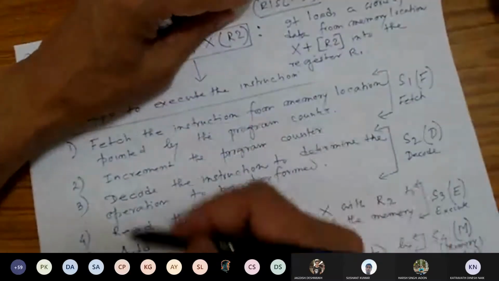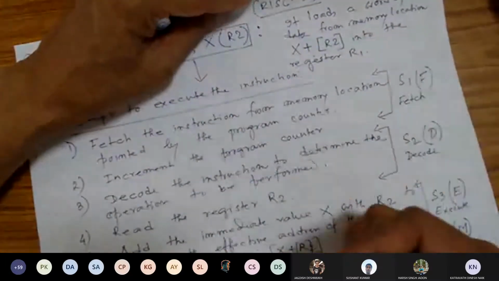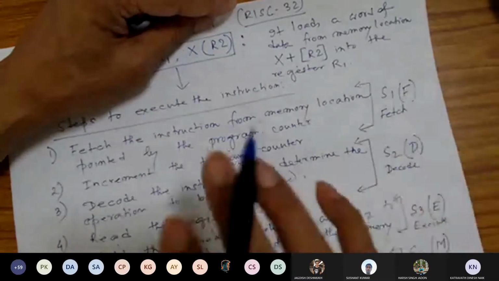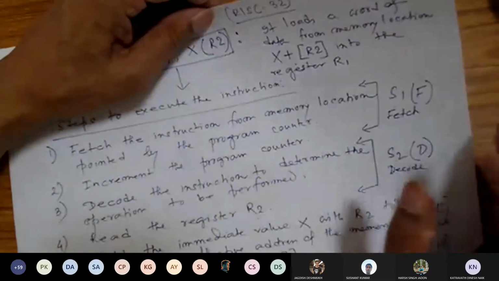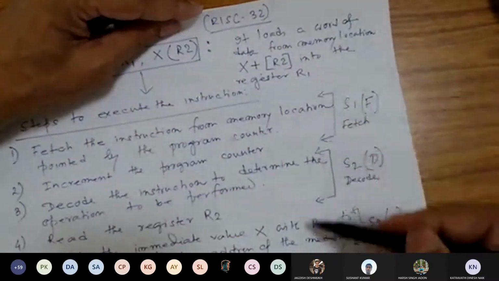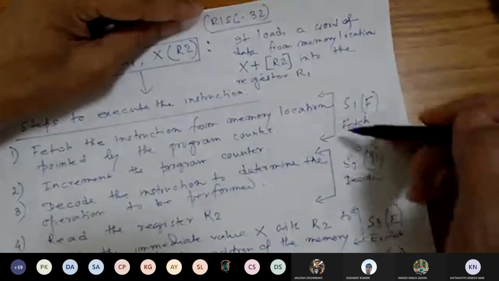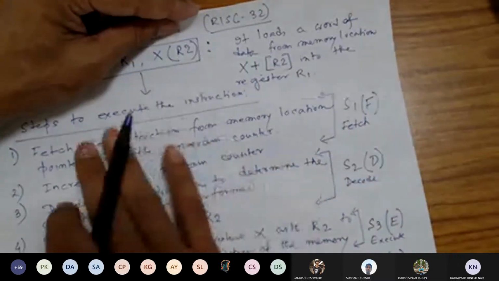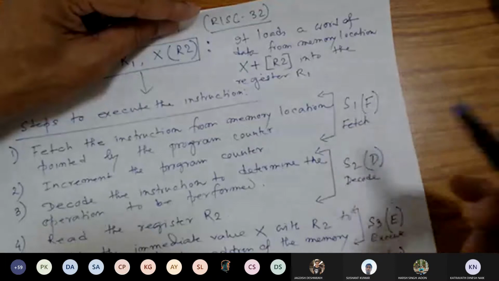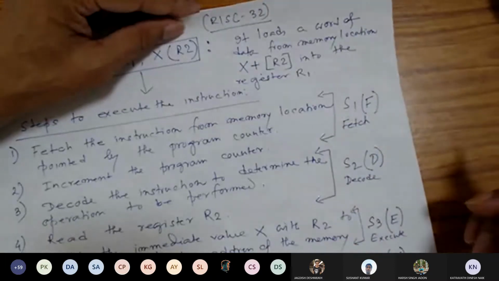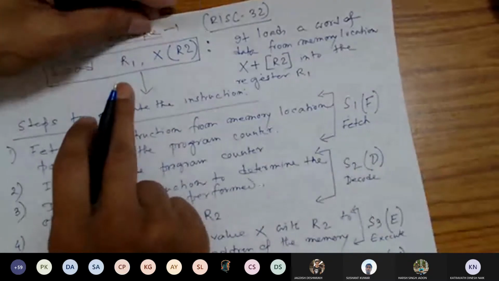This logical grouping of the steps into stages must be clear in your mind. So I believe that all of you have understood why there are 7 steps and how these steps can be logically grouped into stages like fetch, decode, execute, memory, and write back, particularly for this instruction.